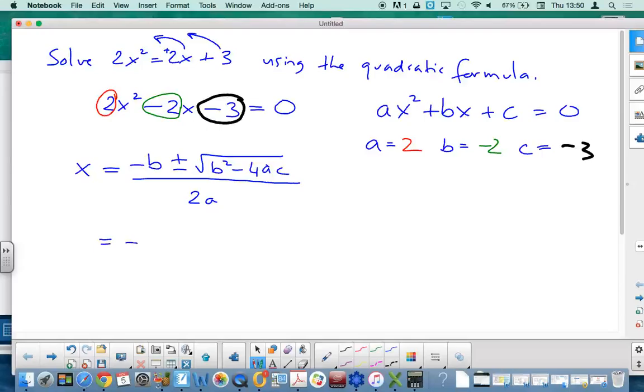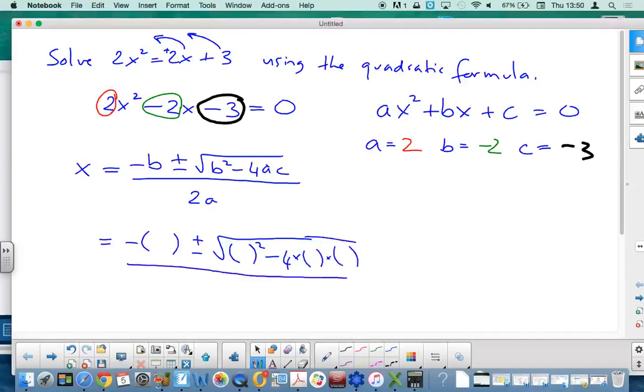Now, if I substitute in here, I'm going to put a bracket where all these letters are. So that's the B, and then you're going to substitute in the A, and you're going to substitute in the C. I'm just putting them in these spaces where the letters used to be, right? So I want to substitute in for the letter B. The letter B goes in this position and this position here, which B was minus 2.